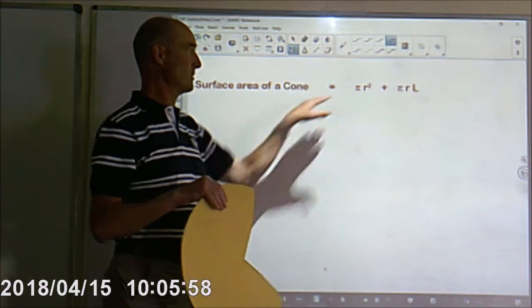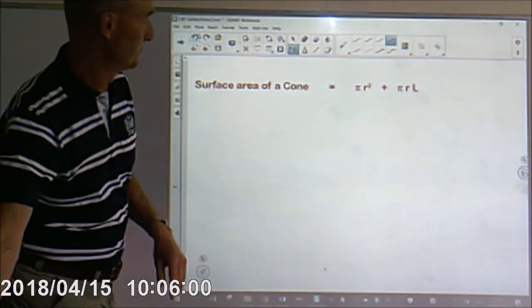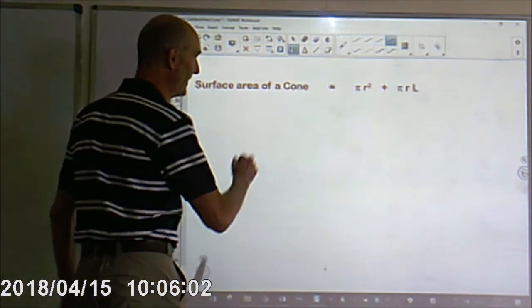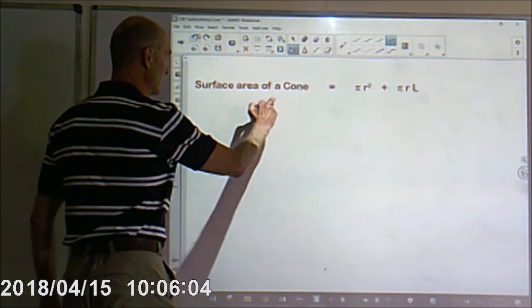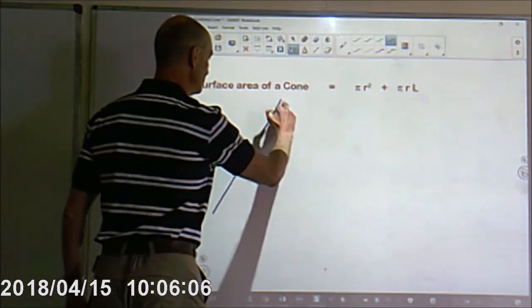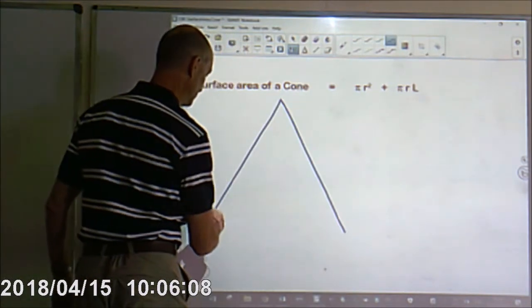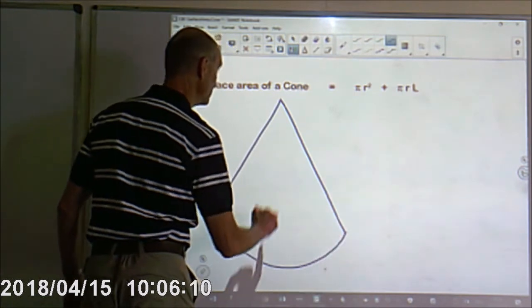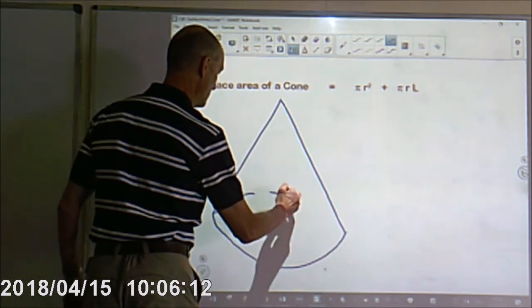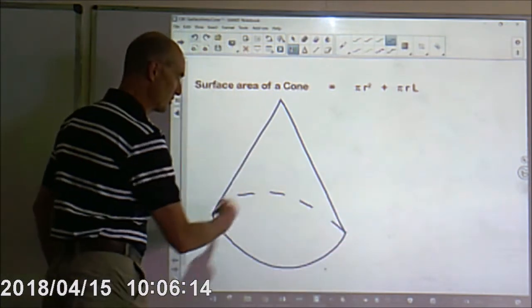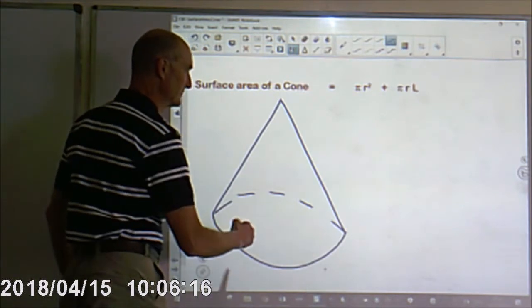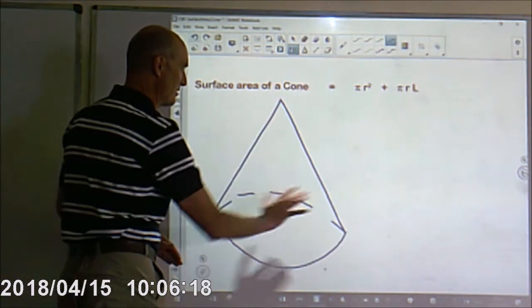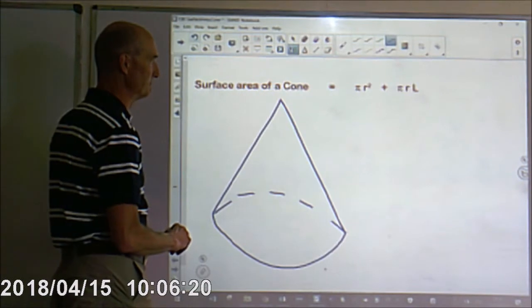Now, I've given you a formula there which I've told you to take note of. Let's explain that a little bit more. We've got a cone. So it's got that circular base and it's got a slanting surface all the way around.